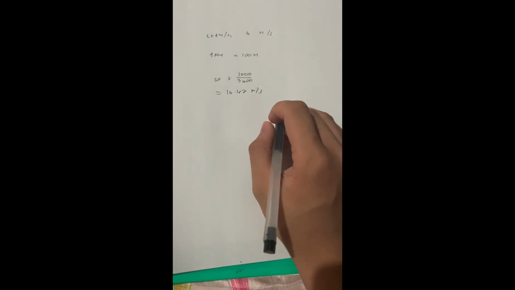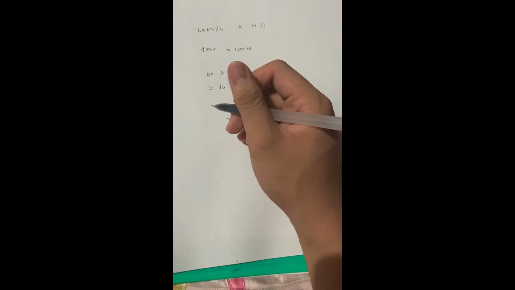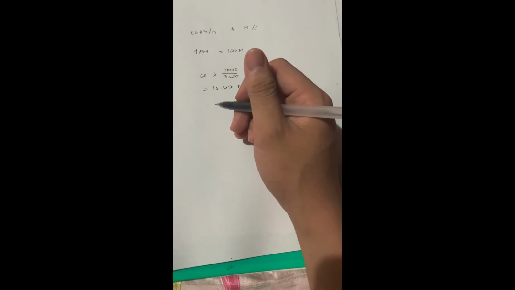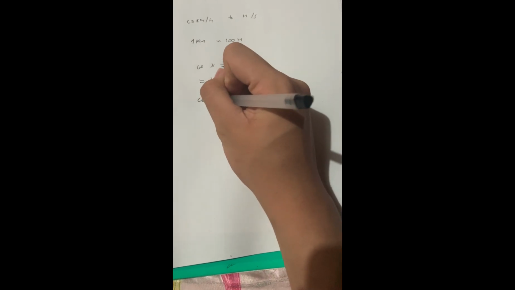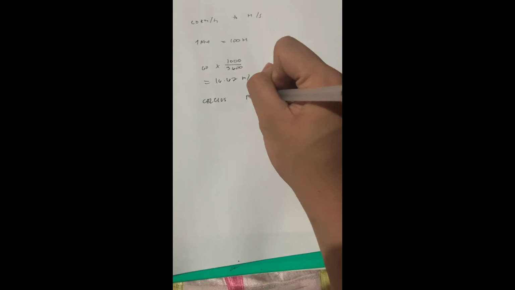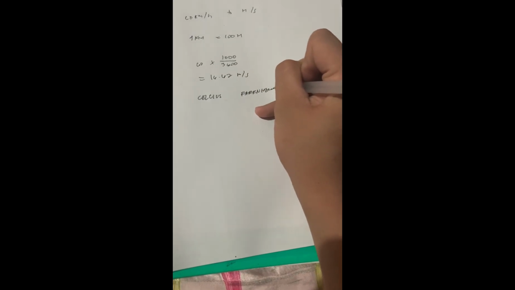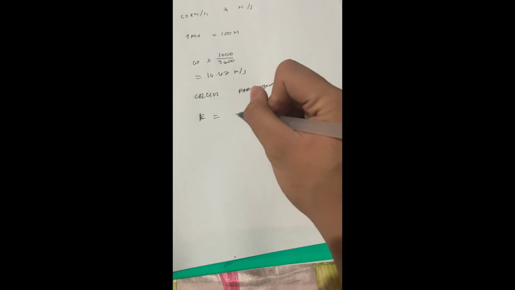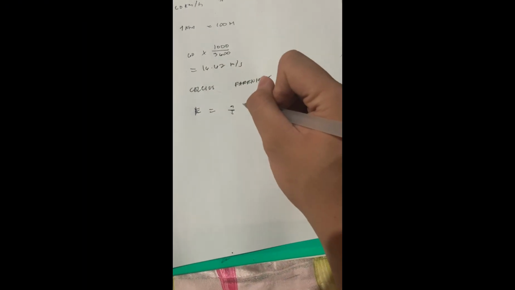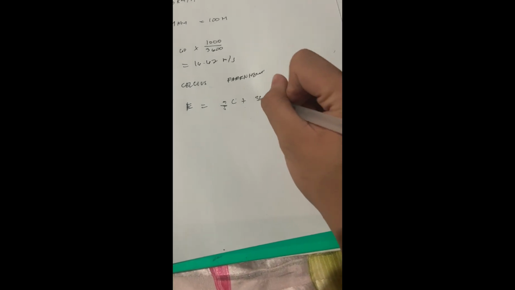So next is temperature conversion. Temperature also needs conversion. So here's the formula, Celsius to Fahrenheit: F equals 9 over 5 Celsius plus 32.